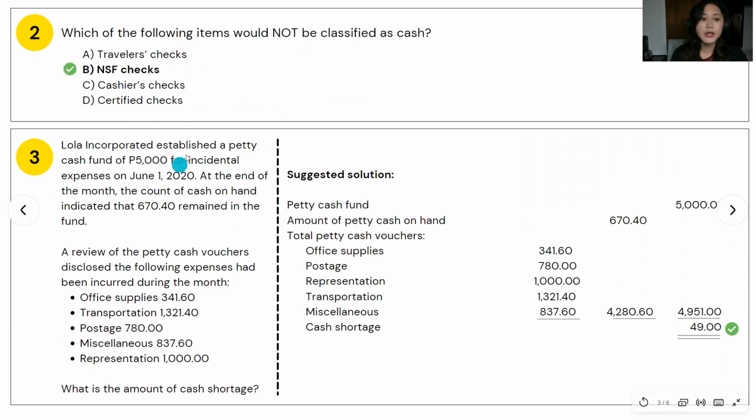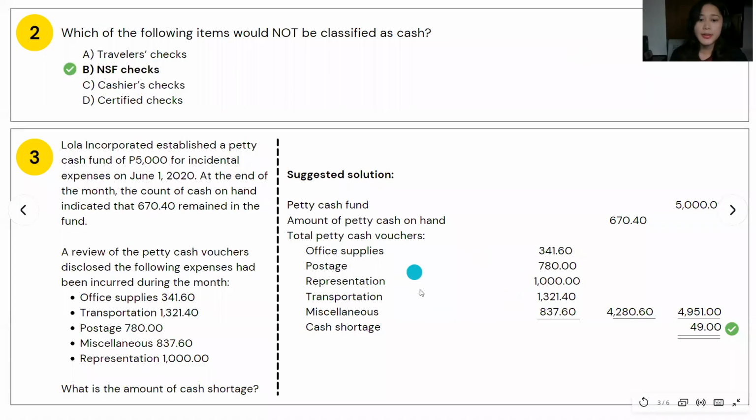Number 3, ito naman is regarding sa magkano ang cash shortage. So, ito, given ang petty cash fund natin is 5,000. Amount of petty cash on hand at the end of the month is 670.40. So, i-add natin yung mga petty cash vouchers, yung office supplies, transportation, postage, miscellaneous, and the representation.